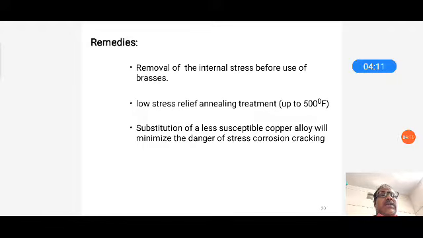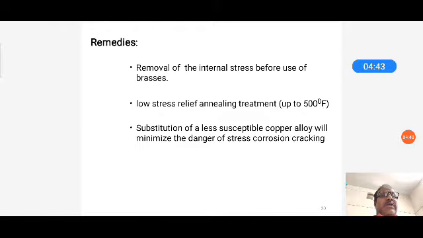And the second one is low temperature stress relief annealing treatment. Especially the yellow alpha brasses are subjected to annealing treatment up to 400 degrees Fahrenheit. At that heating temperature, during cooling, these internal stresses are removed. Once subjected to this treatment, it is directly used in applications.